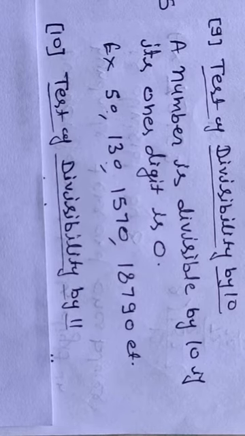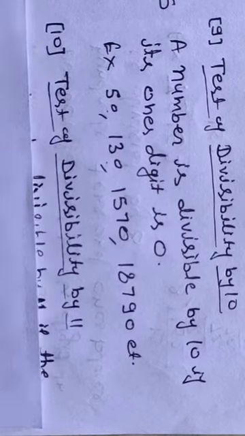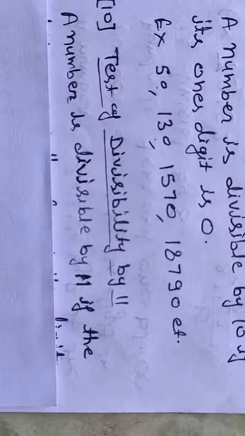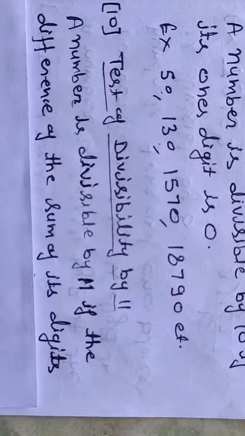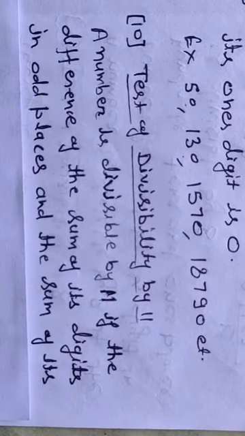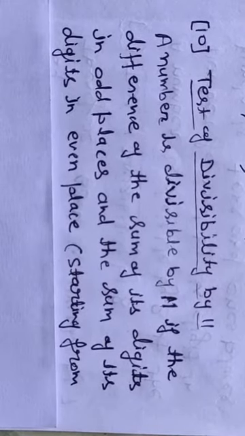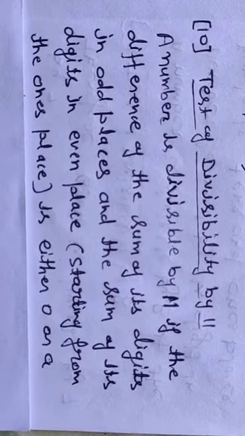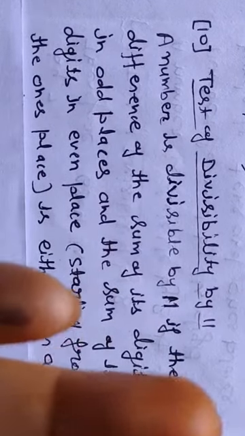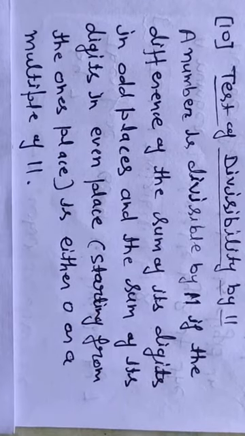If the difference is 0 or a multiple of 11, then the given number is divisible by 11. A number is divisible by 11 if the difference of the sum of its digits in odd places and the sum of its digits in even places, starting from the one's place, that is from the right hand, is either 0 or a multiple of 11.